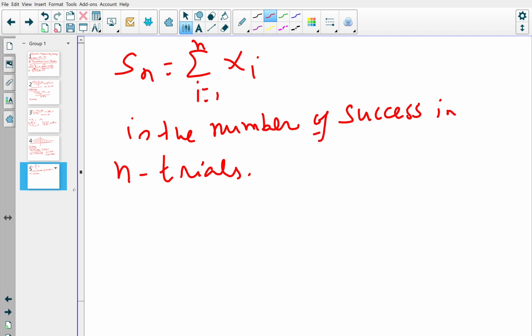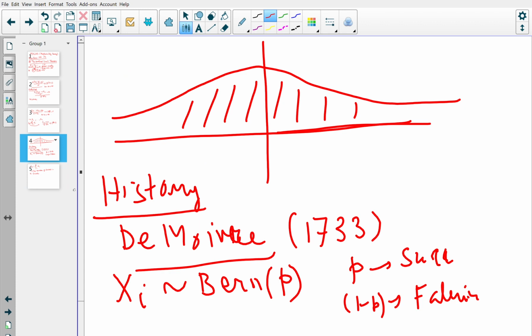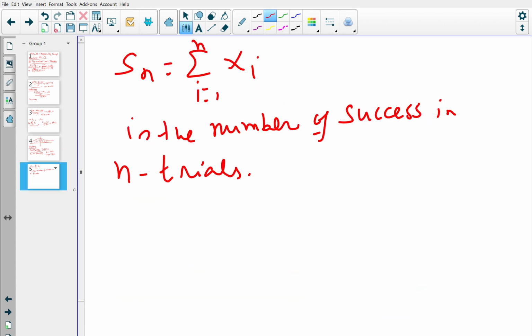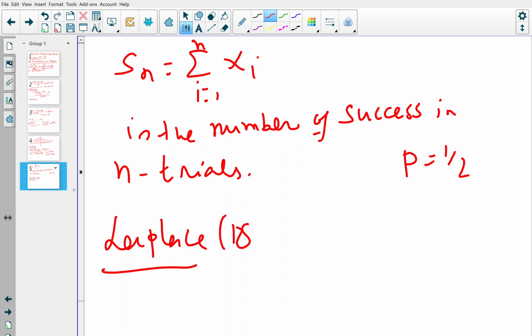of DeMoivre, and he proved actually the case when p equal to half, the probability of success half. And later on Laplace, another famous mathematician, I think around 1812, he extended these results for general p.